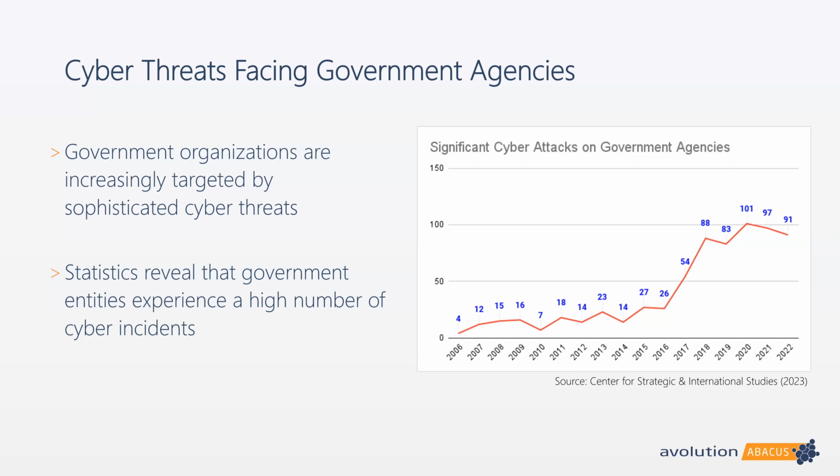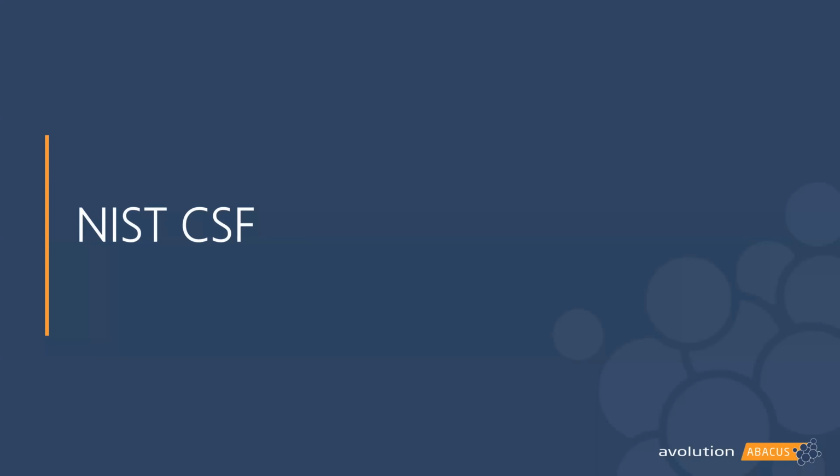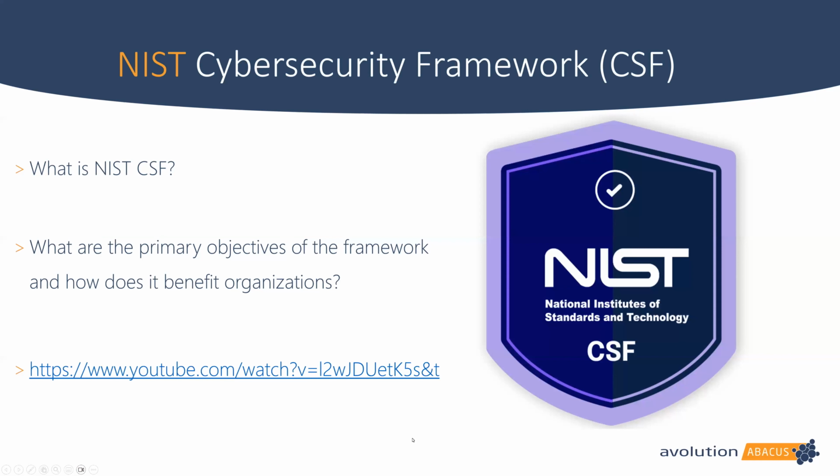The first one we would like to cover is NIST. NIST is a publication by the US National Institute of Standards and Technology, which is short for NIST, with the aim of helping organizations effectively manage and improve their cybersecurity posture. So what are the primary objectives?